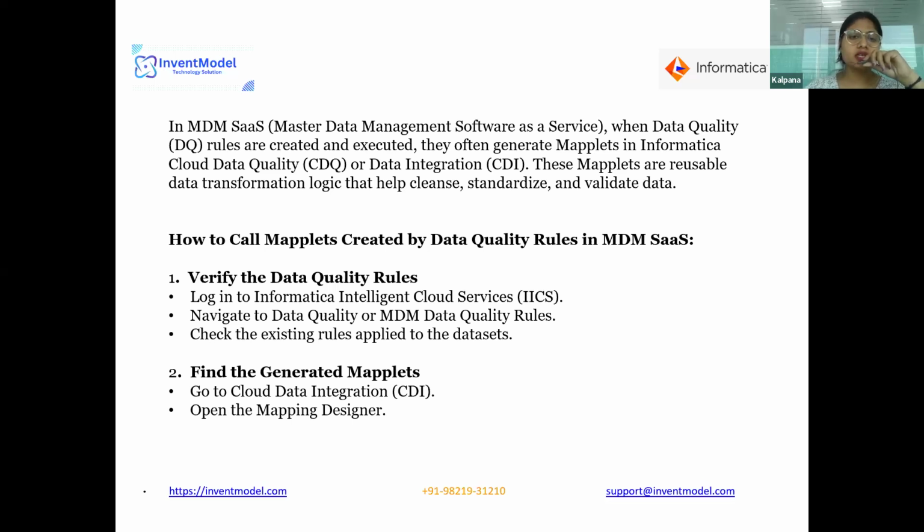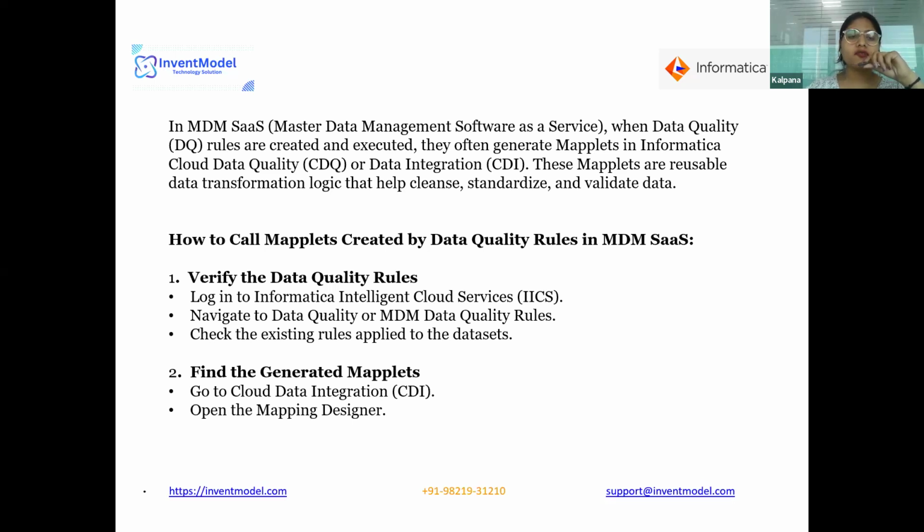These maplets are reusable data transformation logic that help in cleansing, standardizing, and validating the data. These are the functions that we do in the maplets. So now the question we have is how to call the maplet created by data quality rules in MDM SaaS.